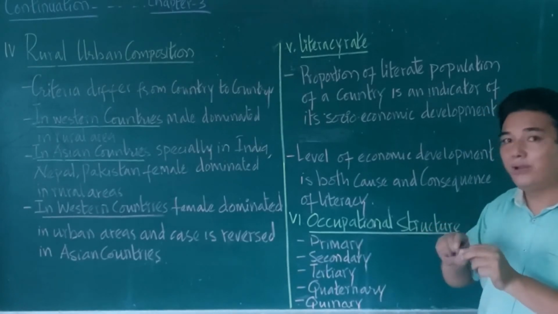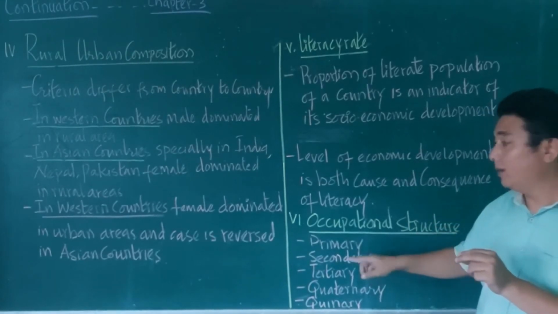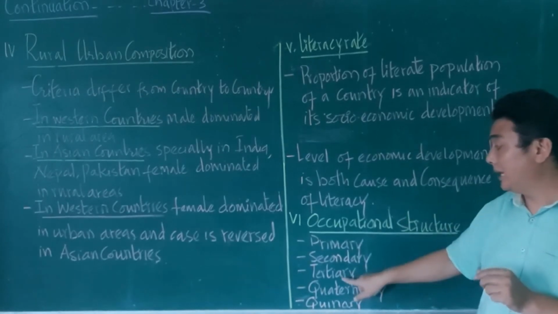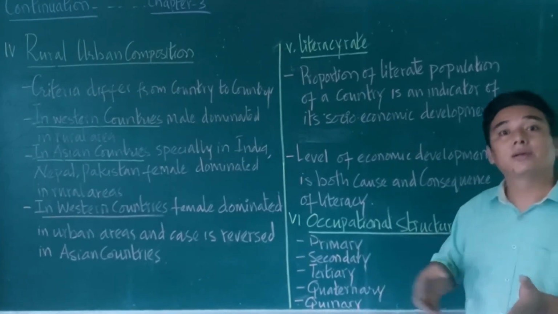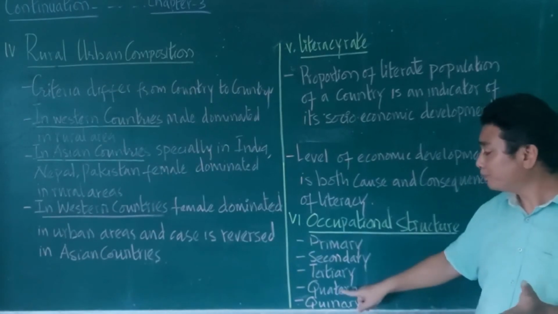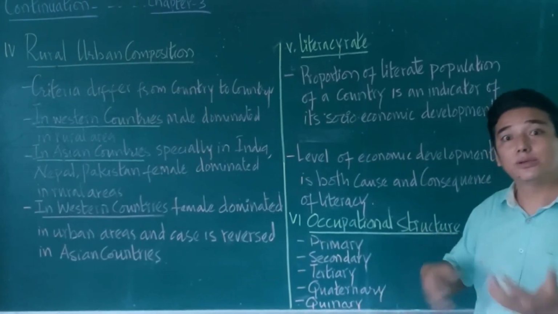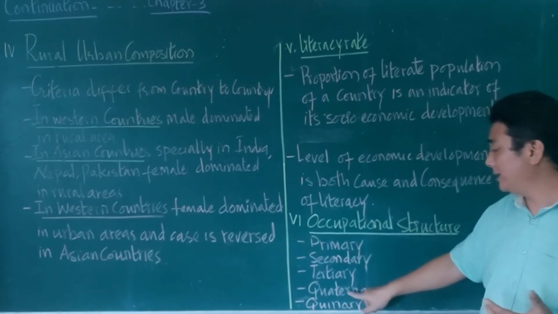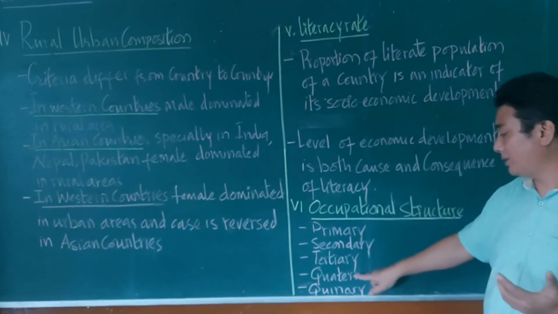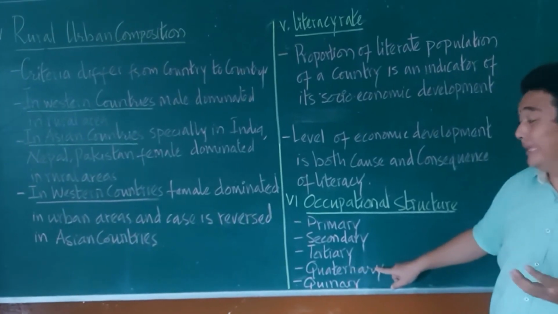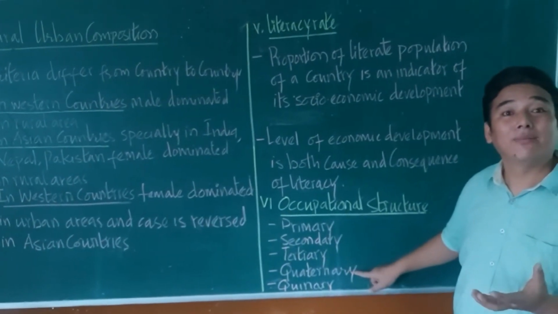For example, flour into biscuits, or wheat into flour. Tertiary economic activity is the service sector, which provides services like transportation, communication, telecommunication. Next, the quaternary sector involves knowledge, research and development.